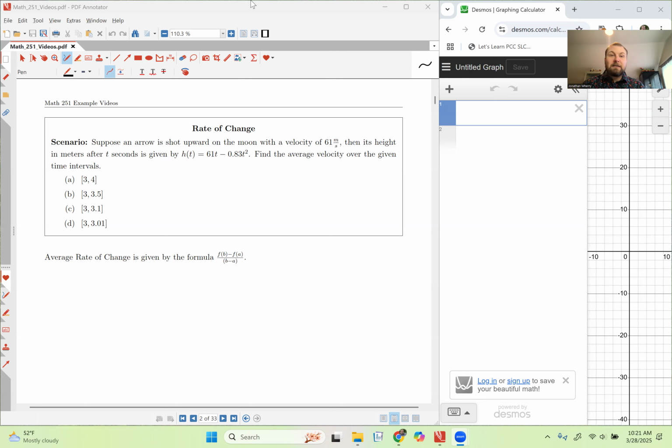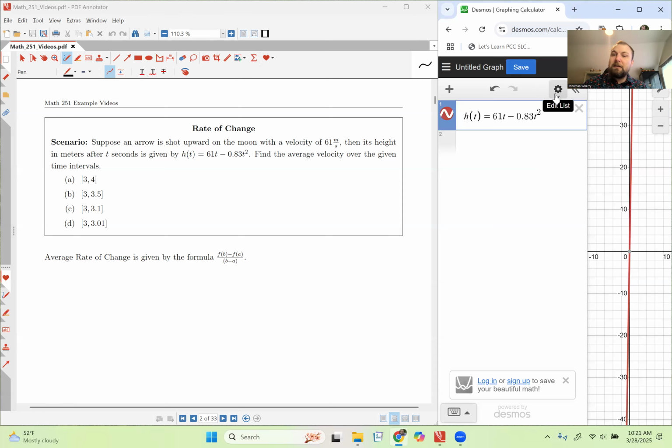I've got Desmos open on the side here. I'm going to type in that function h(t) = 61t minus 0.83t squared. The graph is pretty steep, but I'm actually not interested in the graph here.